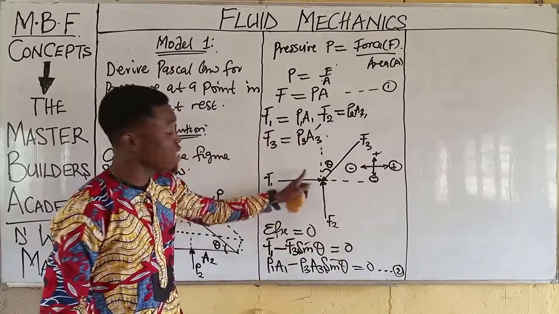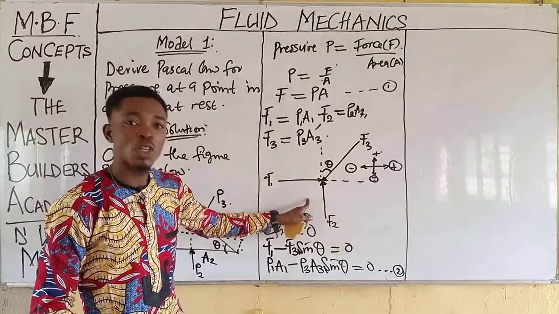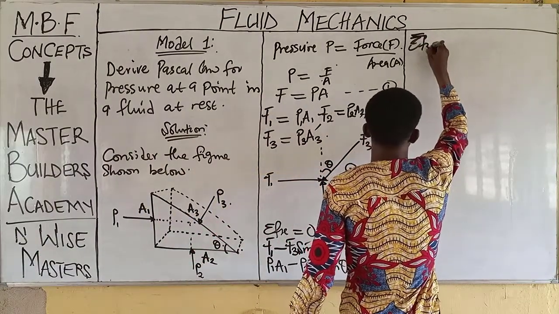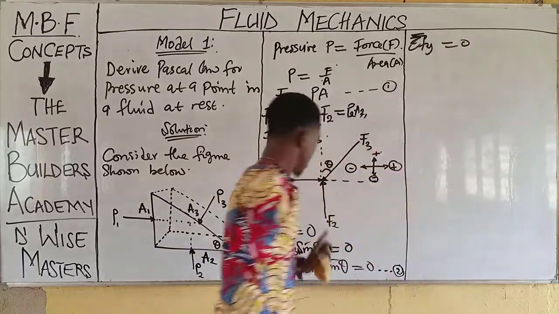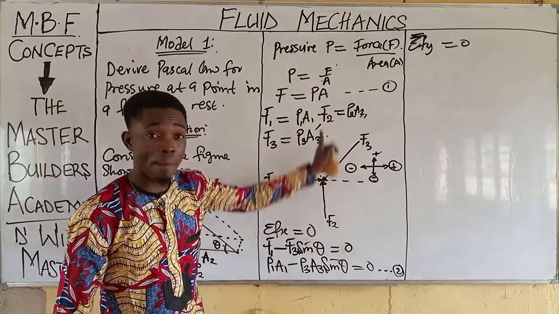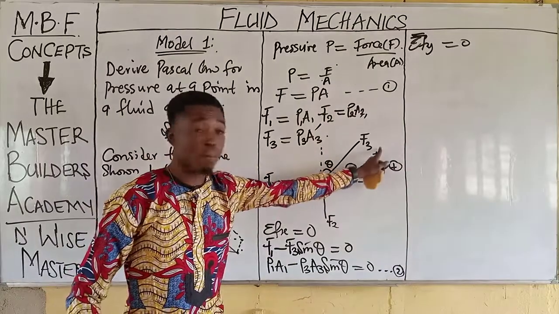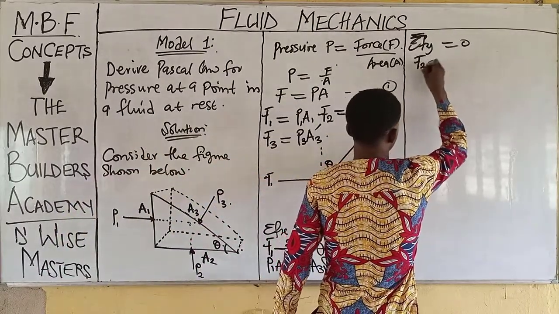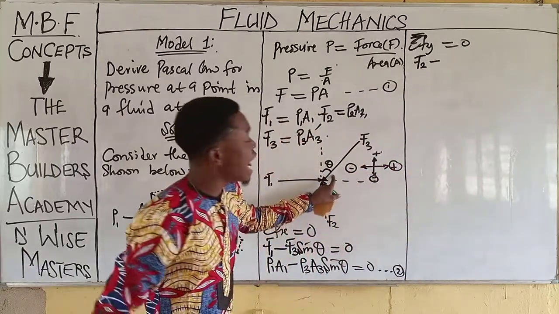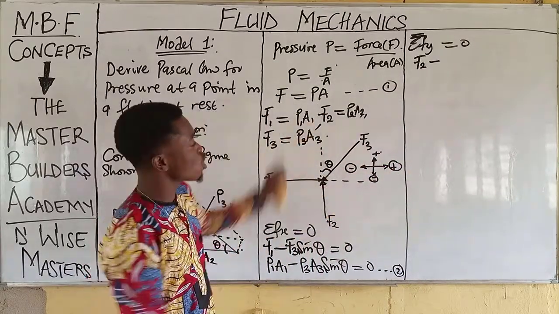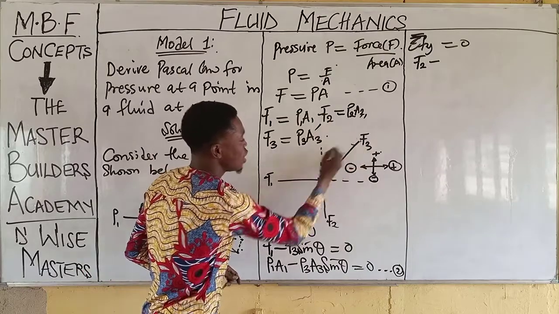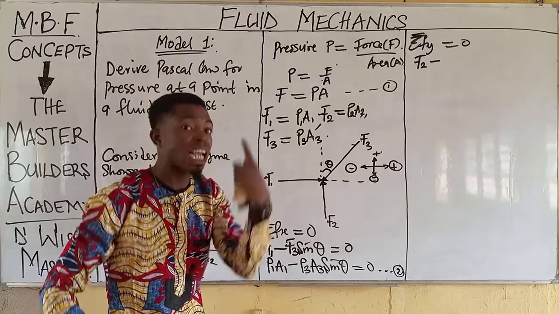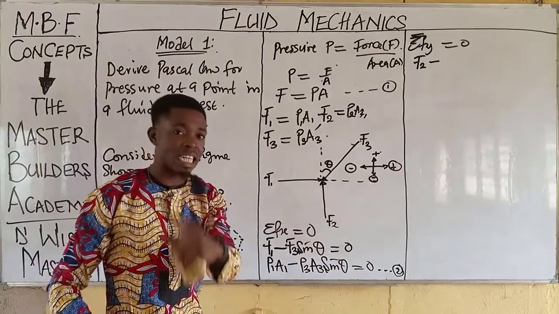Then we resolve this system again along the y-axis. We have the sum of Fy is equal to 0. In the same vein, this force is vertical and acting upward towards the positive side, so F2 will be taken as positive. Then for F3, when we align this member to the vertical direction, the arrow will be facing down, which means it is facing the negative direction, so that force is taken as negative.